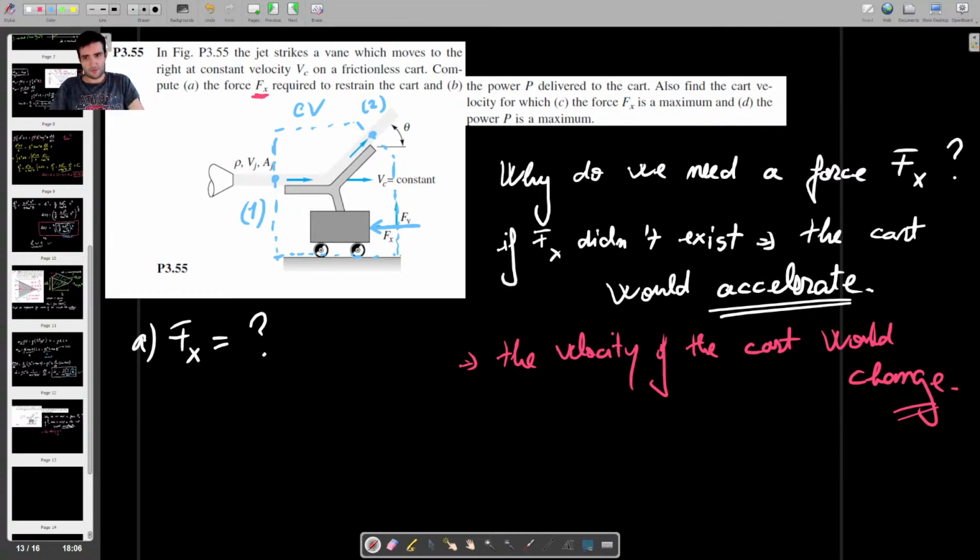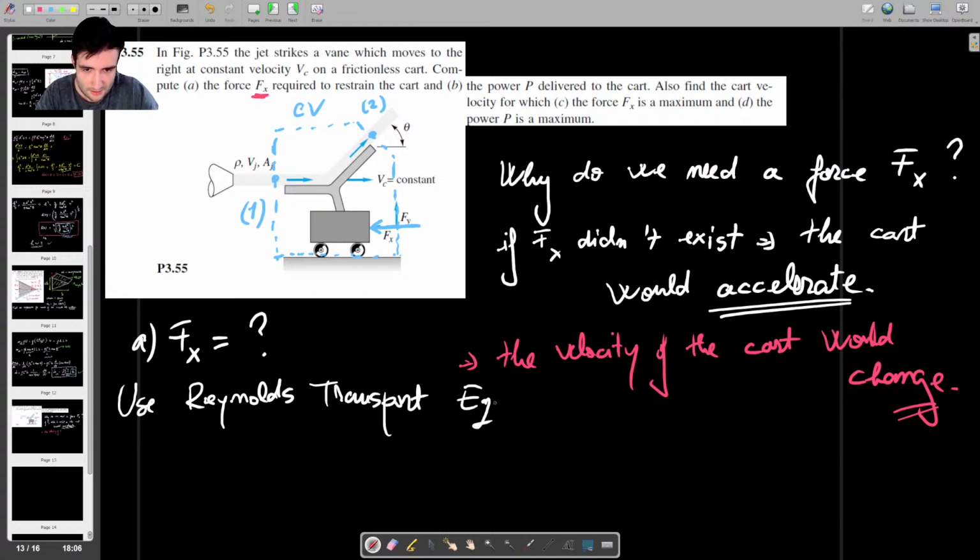So one of the ways is to use Reynolds transport equation, and that's method one. I'm not going to use this.